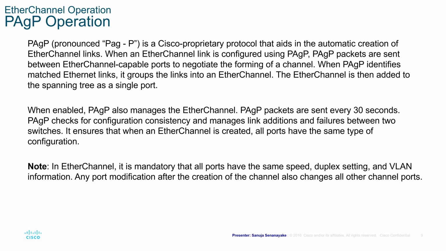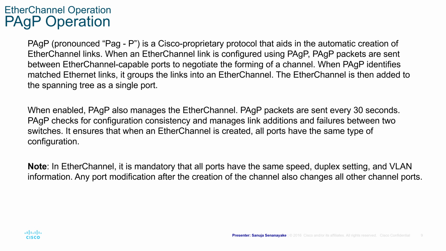So let's look at the PAgP operation. PAgP is a Cisco proprietary protocol that aids in the automatic creation of EtherChannel links. When an EtherChannel link is configured using PAgP, the PAgP packets are sent between EtherChannel capable ports to negotiate the forming of a channel.